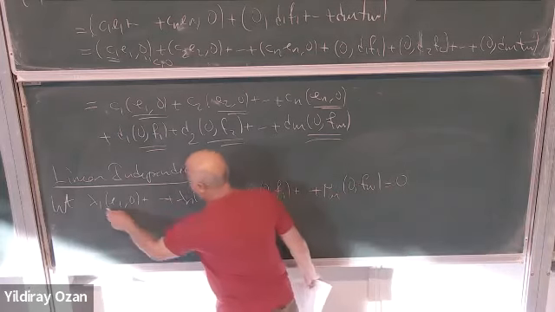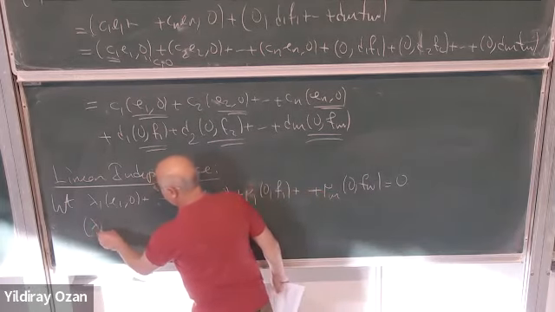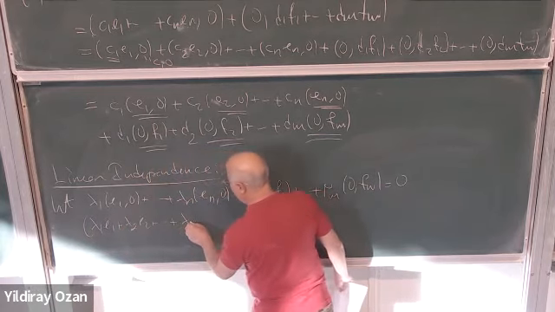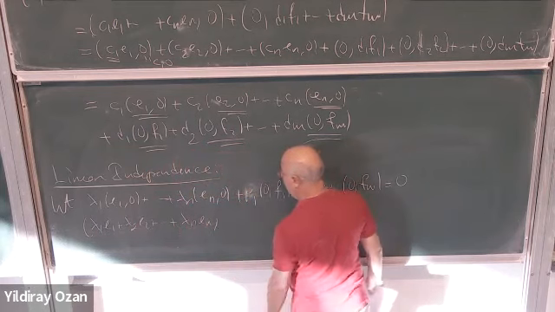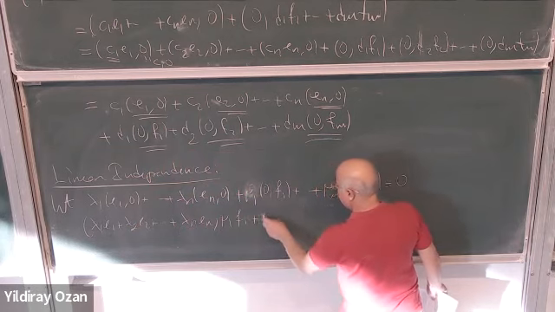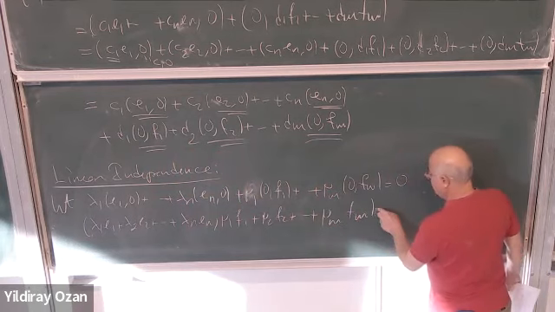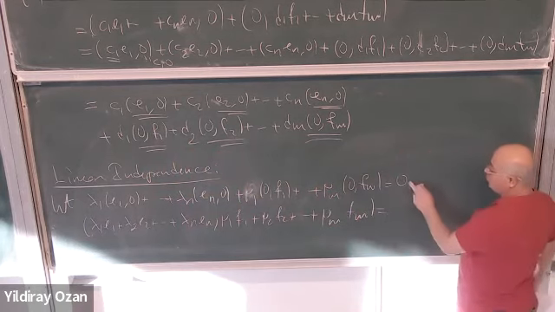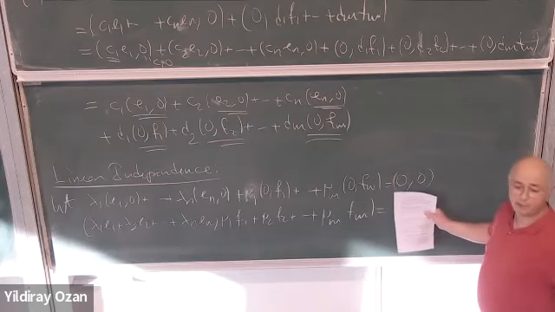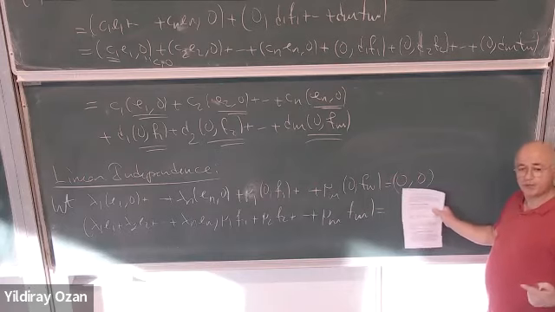I can take these lambdas inside and add them up, and we get (lambda 1 E1 + ... + lambda n En, mu 1 F1 + ... + mu m Fm) equals 0, and the zero element of the direct sum consists of the pair (0, 0).